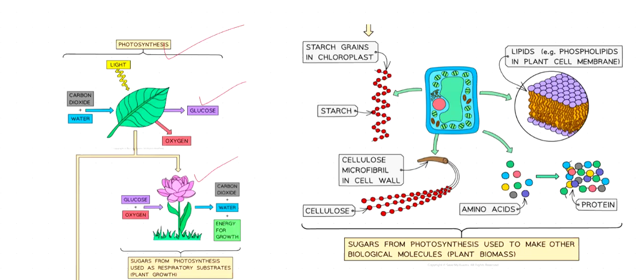And moreover, in a leaf cell, after the photosynthesis glucose is produced, this glucose is transferred to make lipids for the cell membrane of the new cells. This glucose is transferred to form amino acids, to form protein, enzymes for the plant cells. And definitely this glucose is used to make starch polysaccharide. And this starch is a stored material.